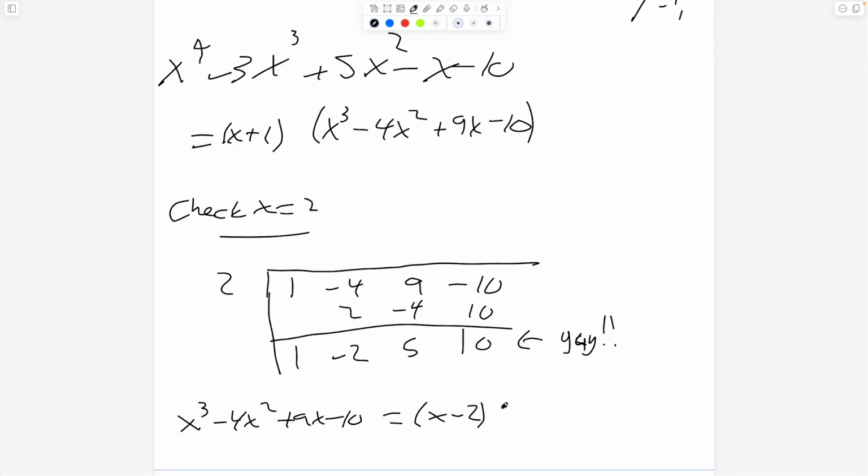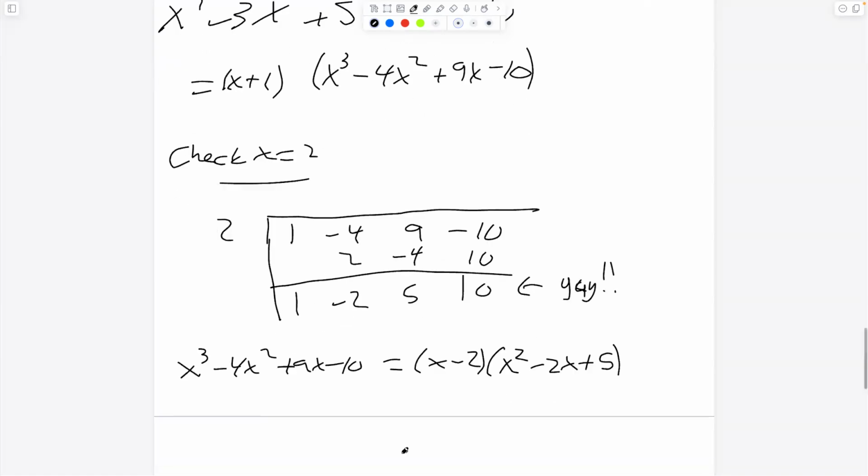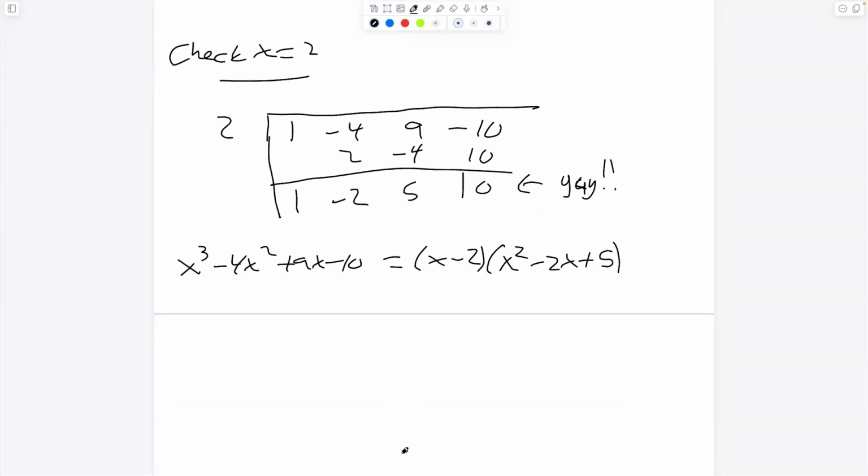This is going to be quadratic: x squared minus 2x plus 5. Okay, now I could keep trying a bunch of rational roots. Or I'm down to a quadratic. Once you get down to a quadratic, either just factor using regular old factoring you've been doing since 8th grade, or just use the quadratic formula.